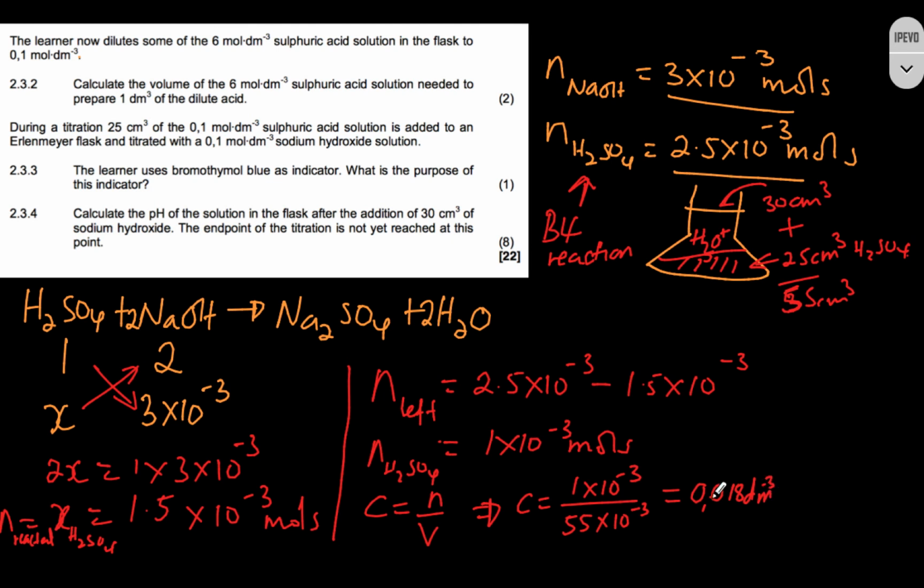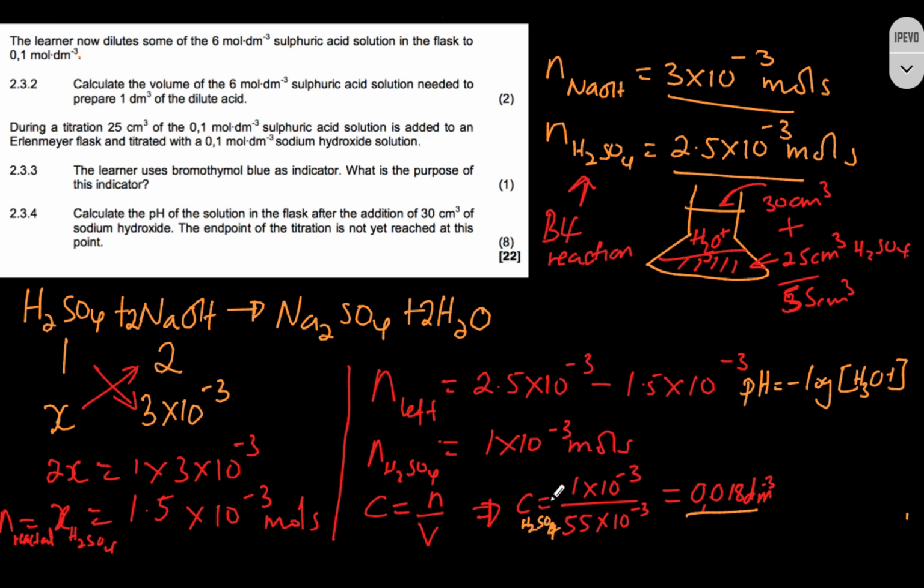Now that we have our concentration, we can substitute in our previous equation. Remember we said pH is equal to negative log of the concentration of H3O plus. Before we substitute this value, we must take note that the concentration we just calculated is the concentration of the sulfuric acid molecules.